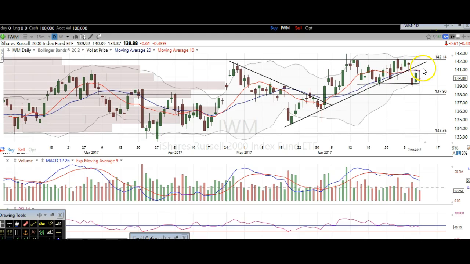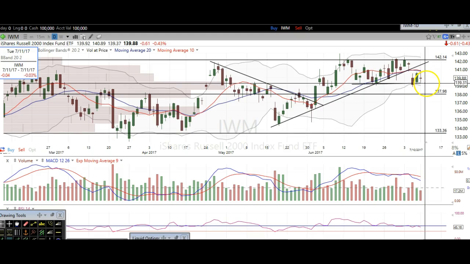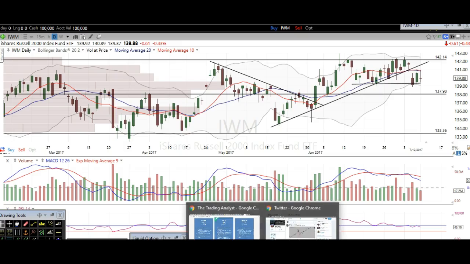But it did break that trend line. It did gap down here, so it showed some weakness, some vulnerability. But again, to me, the real break would occur if we break that 139. So right now we're still in the clear here on IWM, but 139 is going to be that level that you want to be focusing on for the IWM.